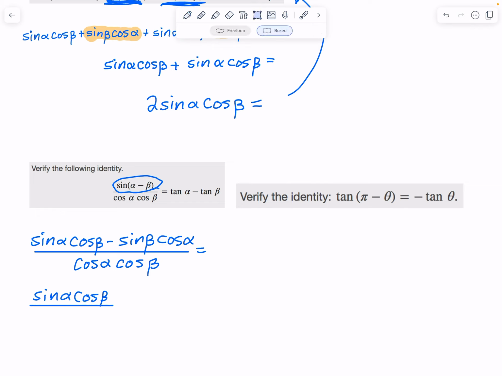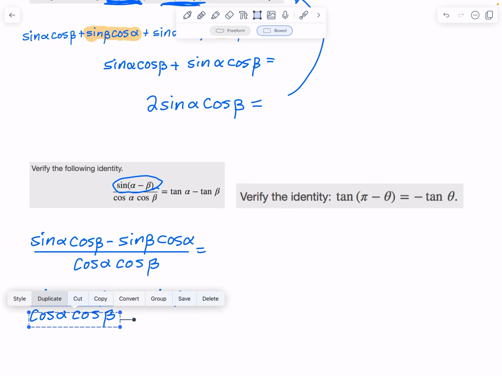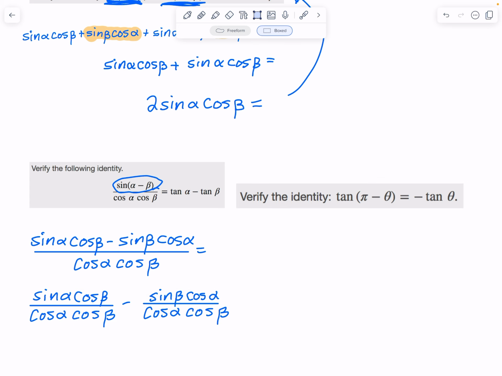I'm going to cheat a little bit here to be lazy. Just going to duplicate. That goes there. And then minus sine beta cosine alpha, and then it's over that same thing as well, so I'm just going to copy. So I got that, and it's still equal, right?